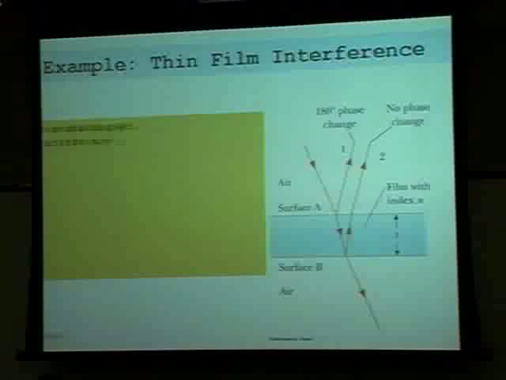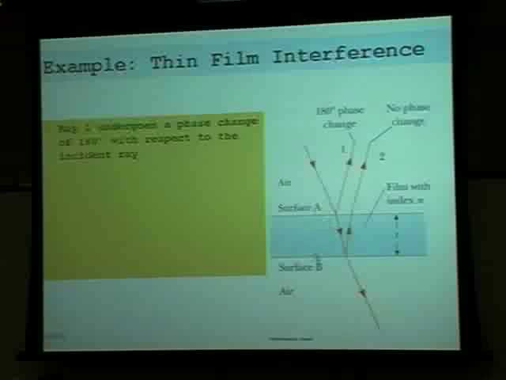Here's an example. Here we have a ray that's coming in, encountering the thin film. Encountering surface A, it's going from air to some index of refraction, so it's going from 1 to something higher than 1. So it's going to reflect and have a pi phase change.